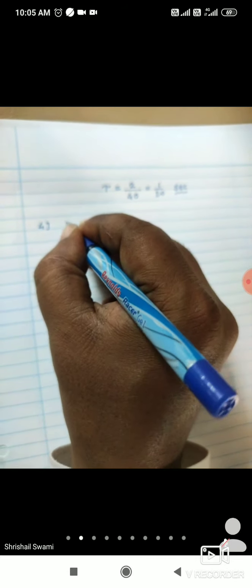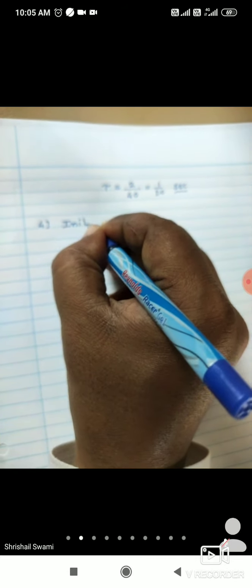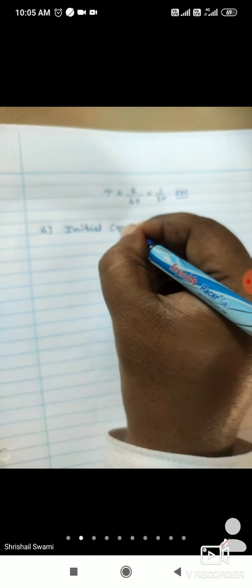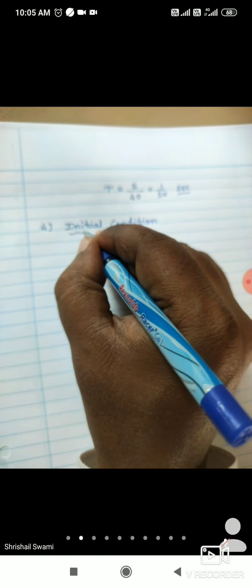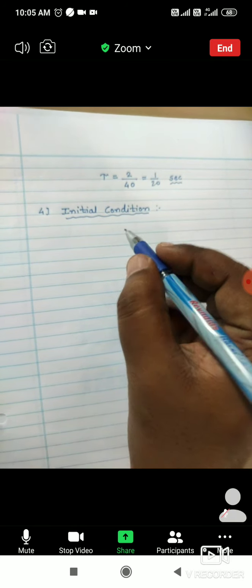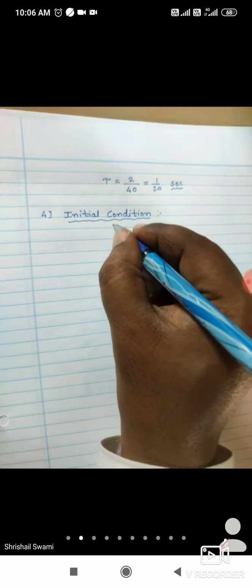So the fourth one is initial condition. How to find out the initial condition? The initial condition is at t is equal to 0 minus. What is the value of I of 0 minus?